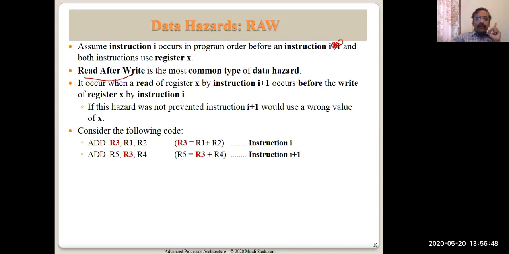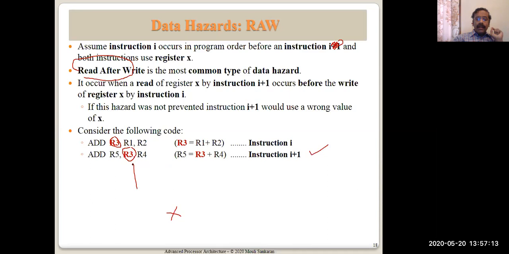Read after write. That means what? I am supposed to read a common register X. In this example, the common register is R3. I want a read after write. You can easily make out from this which instruction wants this read after write. This guy.